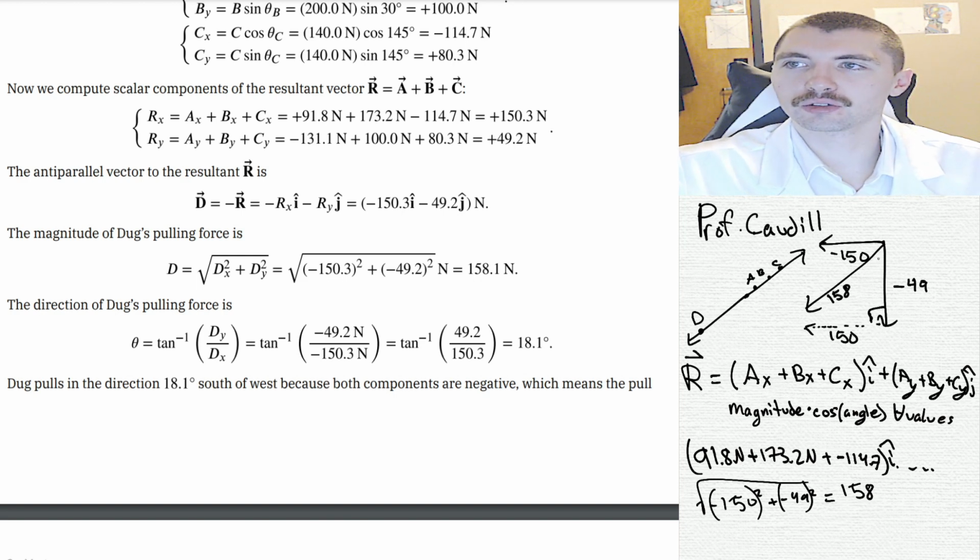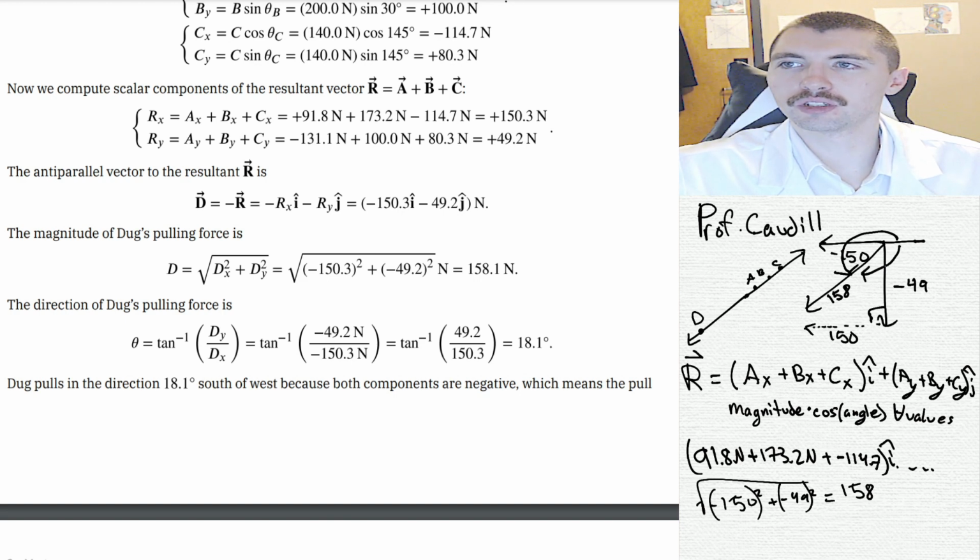Okay, so now they want to know the angle. You can either do it like this or you can do it like this.